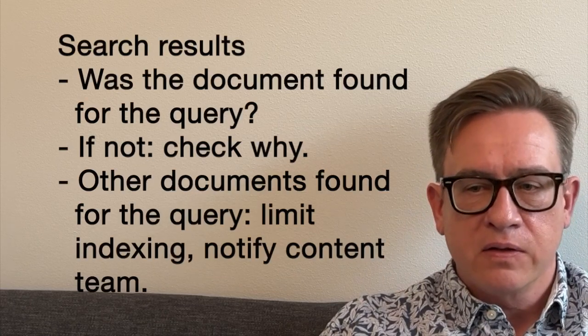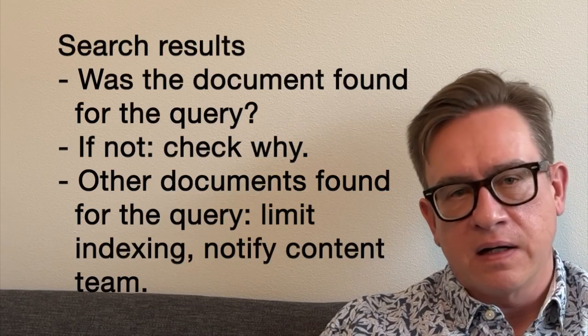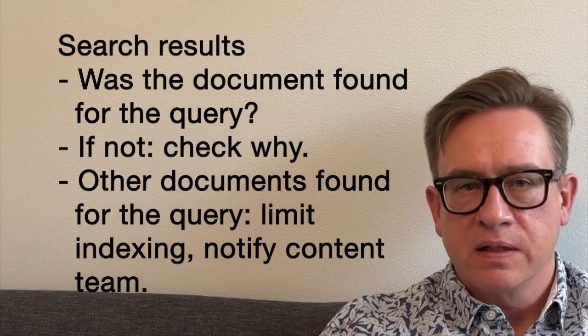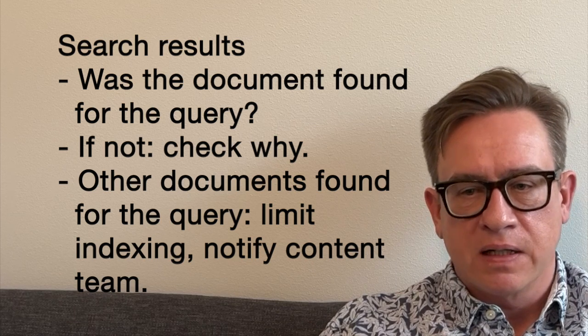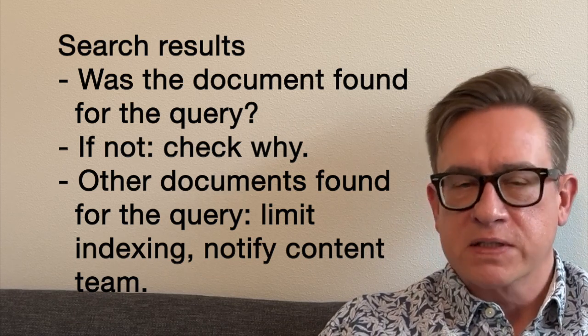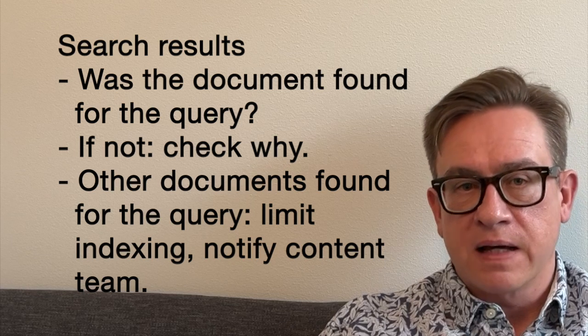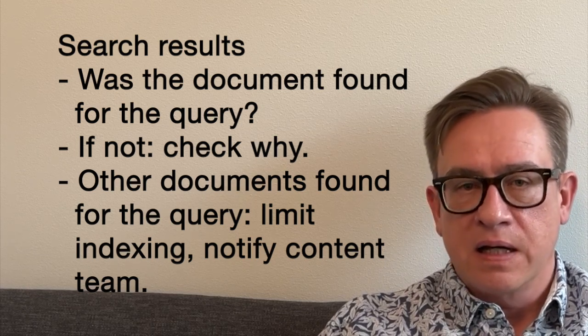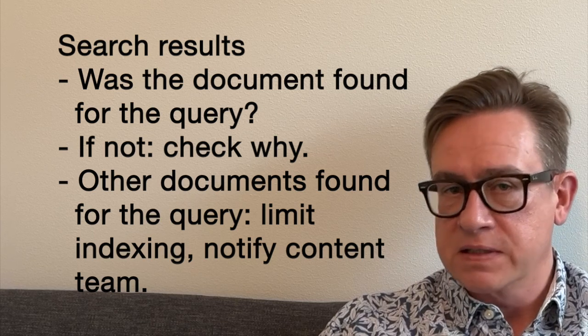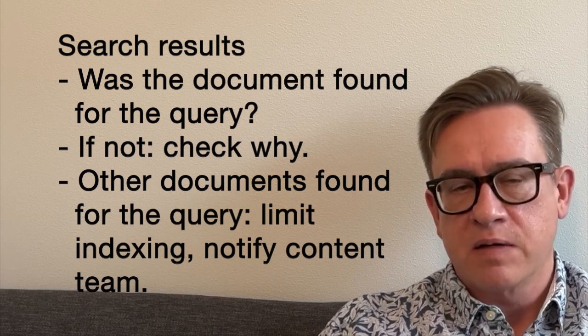On the other hand, you might find that some other documents were found for the query, and in this case there are several options. For example, you might find that you are actually indexing archive materials, and in this case you could fix this by limiting the indexing somehow.